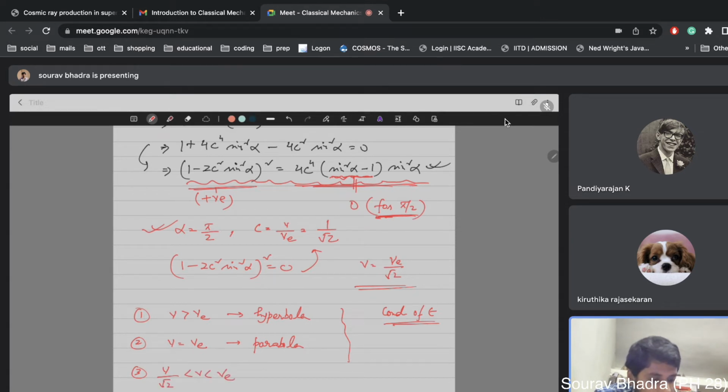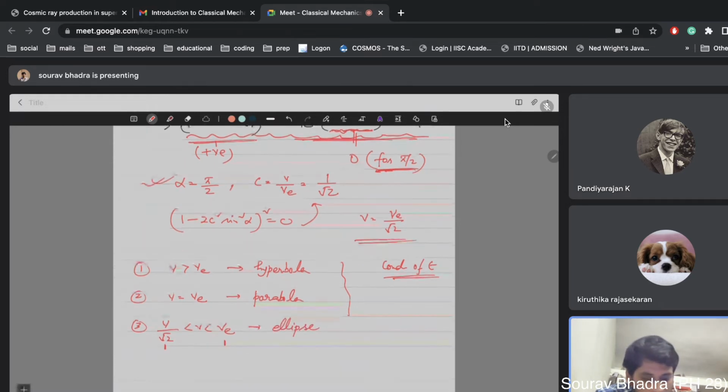less than this, that means this corresponded to a circle, this corresponded to escape velocity, that will give you an elliptical orbit. Okay, and for that particular thing we have done, v equals ve by root 2 and angle equals pi by 2, for this particular condition it is a circle.